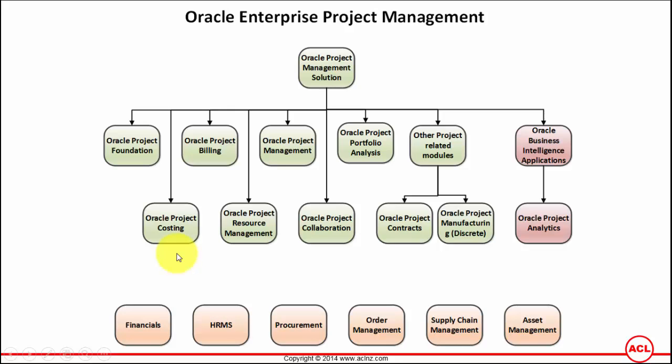So once a resource submits time, let's say a simple example of submitting a timesheet, he has got to submit those timesheets via Oracle Internet Expenses or via hard copies of those timesheets. Let's assume that the entire solution has been delivered via Oracle eBusiness Suite. So in that case, the resource submits the timesheets via Oracle Internet Expenses. And once the timesheets have been approved by the project manager, they are sucked into Oracle Project Costing via an integration.